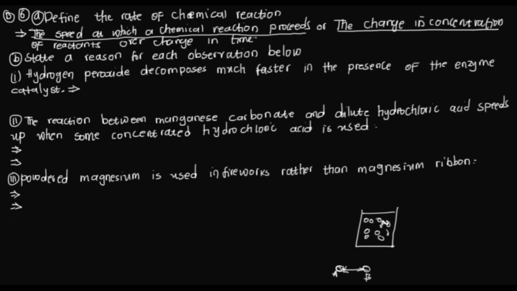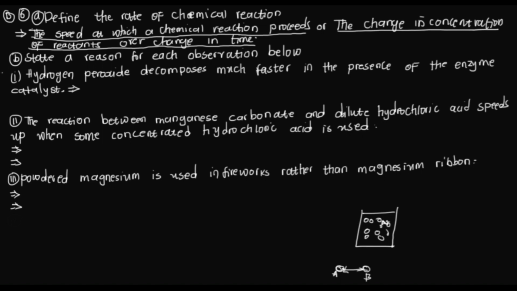So what this means is when a reaction is taking place, the concentration of reactants reduces. So the speed at which the concentration is reducing and how much time is taken for that concentration to reduce also simply means the rate of a chemical reaction.